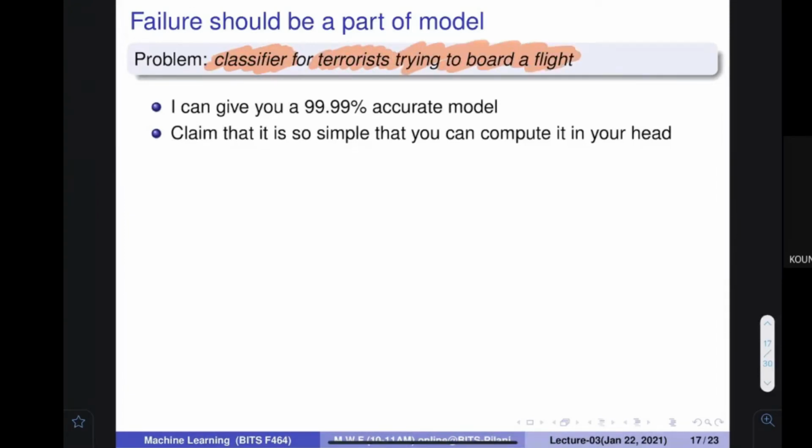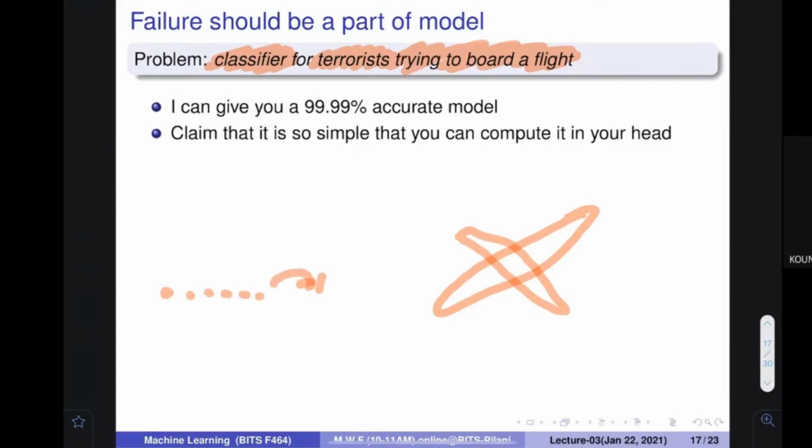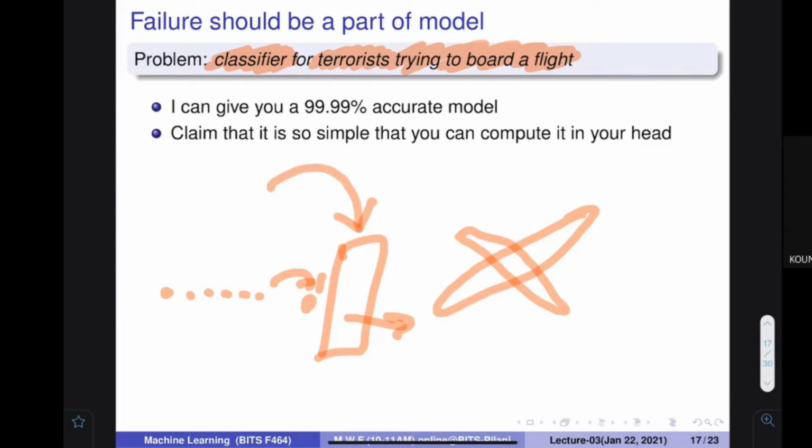At the airport there is an airplane, and people are lining up to enter, and you are going to make a gate. This gate would open if the person standing in front of it is not a terrorist, and then he can go and board the plane. Problem is clear? So your system decides whether the gate is going to open or not.